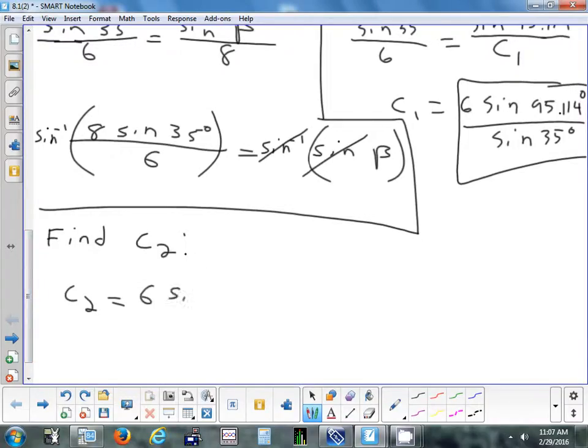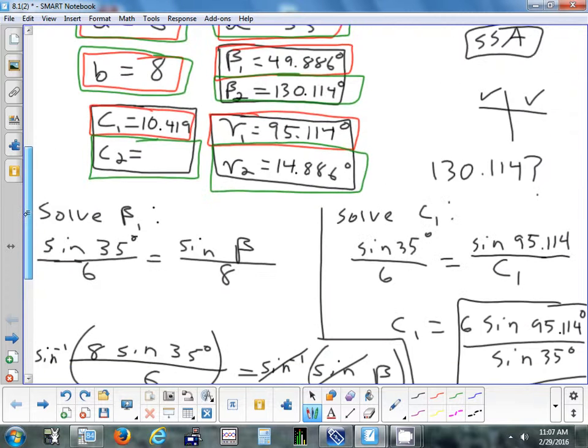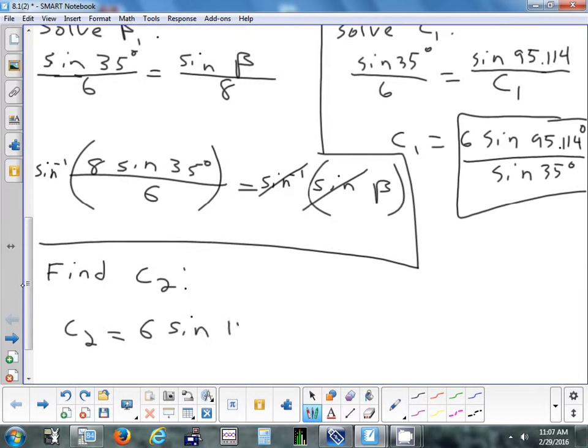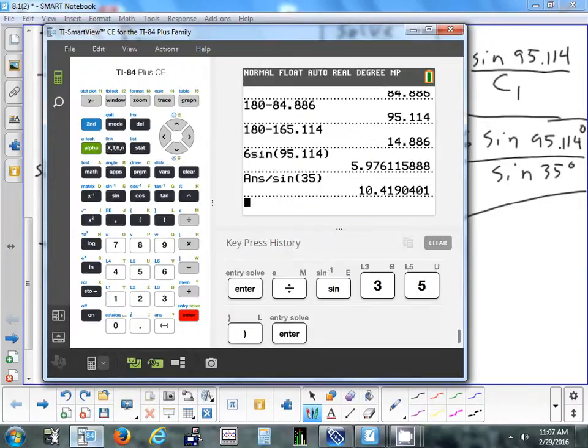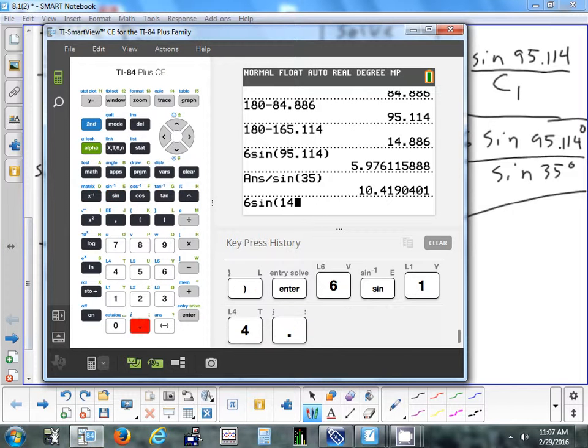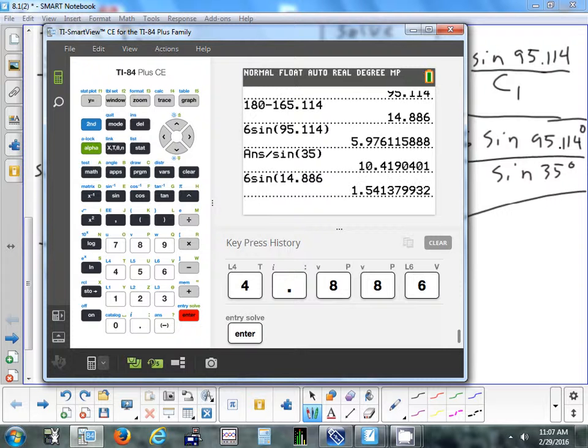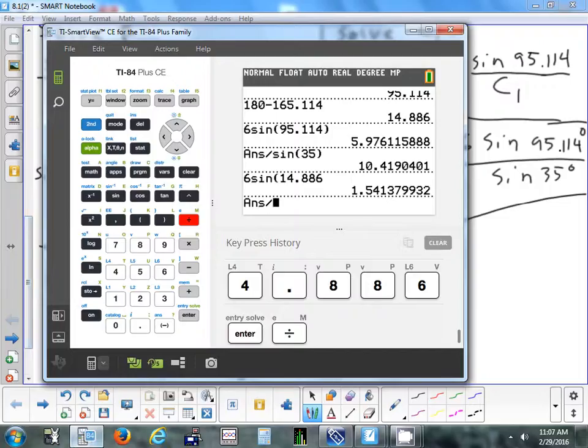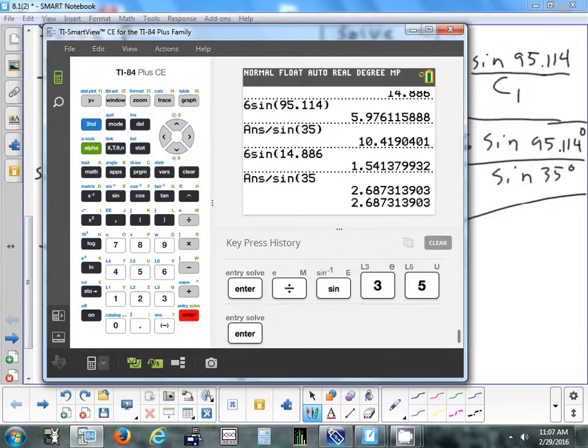It's going to be 6 sine 14.886 divided by sine 35. All right, so I got to type it in again. 6 sine 14.886. Okay, divided by sine 35. Anybody else get 2.687? Okay.